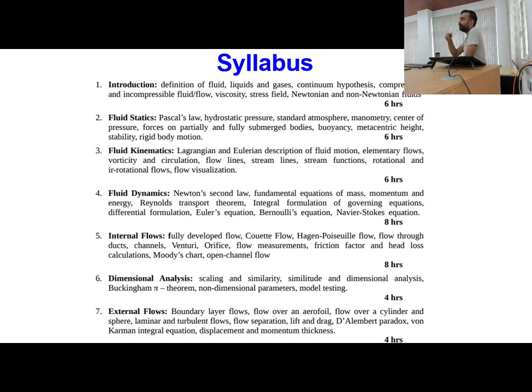Maybe you might have heard of the term Reynolds number. I think all of you know the definition of the Reynolds number. If you see, velocity of the fluid flow and diameter of the pipe are separately two independent parameters. Similarly, density of the fluid and viscosity of the fluid are also two independent parameters.